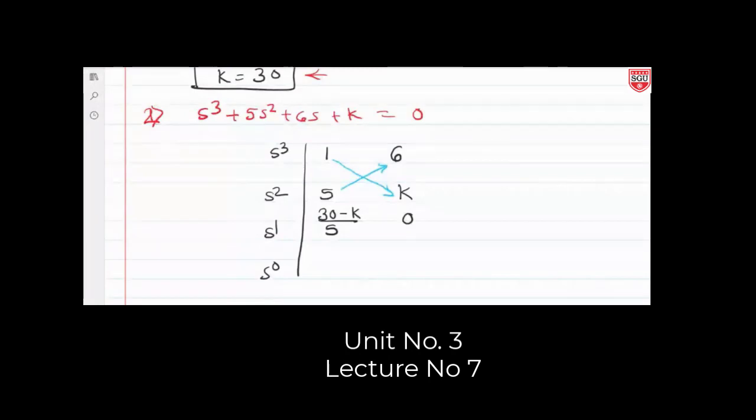Then for s raised to 0, multiplying this by this. So what will you get? 30 minus k upon 5 multiplied by k minus 0, upon 30 minus k upon 5.